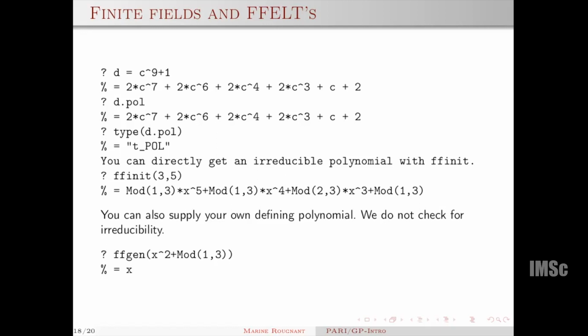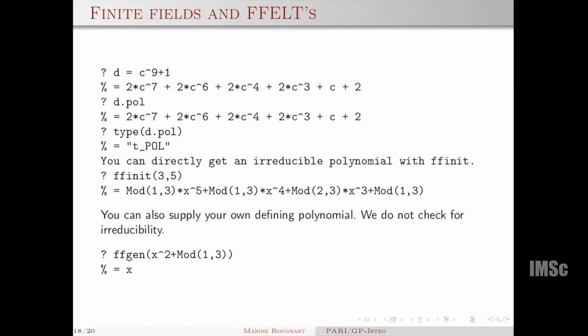Sometimes you may want to define by yourself your finite field by giving the polynomial. Sometimes you just want a finite field with, for example, 3 to the power of 5 elements. So you just ask that, and it will give you back your polynomial. You can also want to do the converse: choose your polynomial and define the finite field which goes with it, and you can do that also.